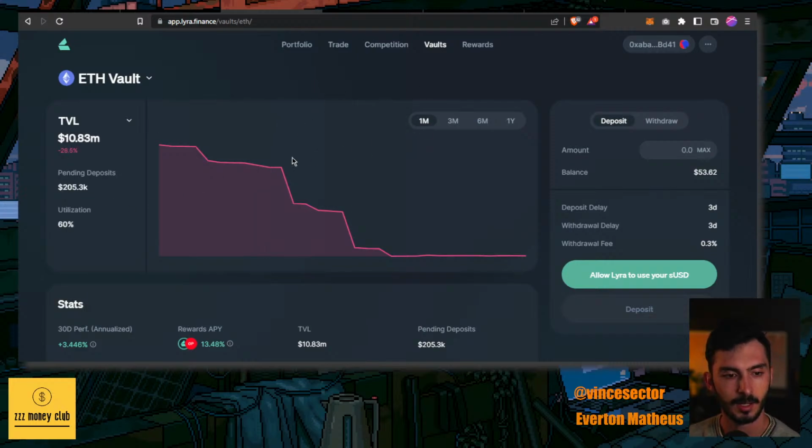Yesterday night, everything was 100% utilized. So people could not open or sell any options here on the Ethereum vault, just because Lira uses an AMM, so they use their own liquidity. So once that liquidity is all locked up, you just have to wait pretty much to the end of the expiration. So the next expiration, which was today, and then it freed up.